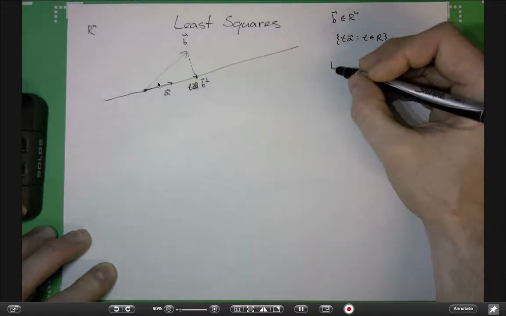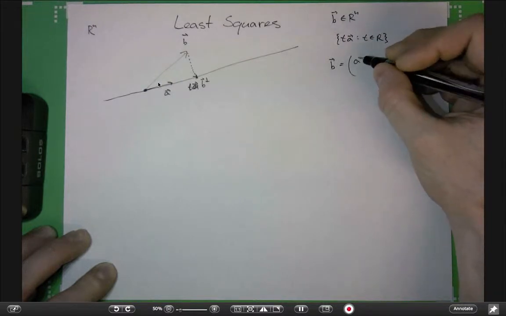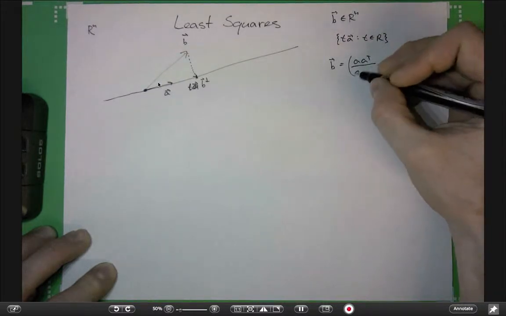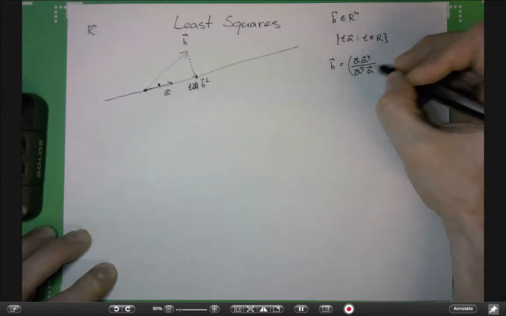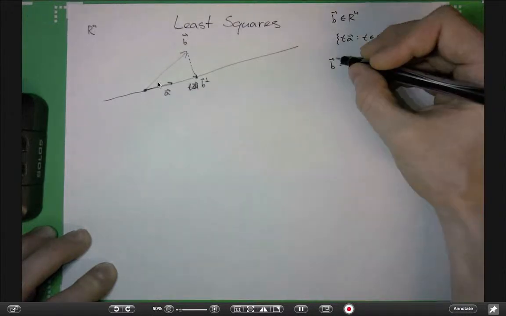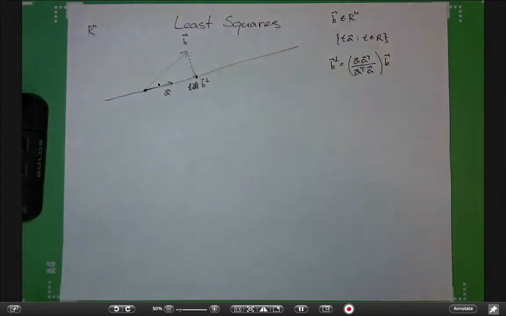And what we showed last time is that we can always write this b like this: a a^T divided by a^T a.